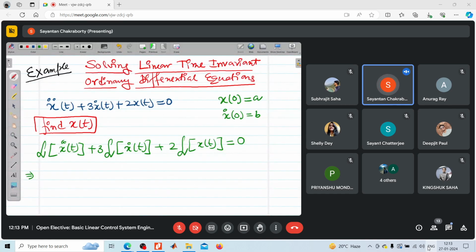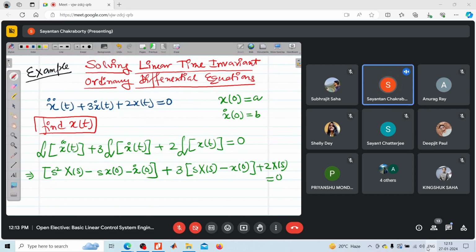So from x double dot t, what you can write is s square X(s) minus s x(0) minus x dot 0. For the second part, we'll have 3 times s X(s) minus x(0), plus 2 X(s) is equal to 0.